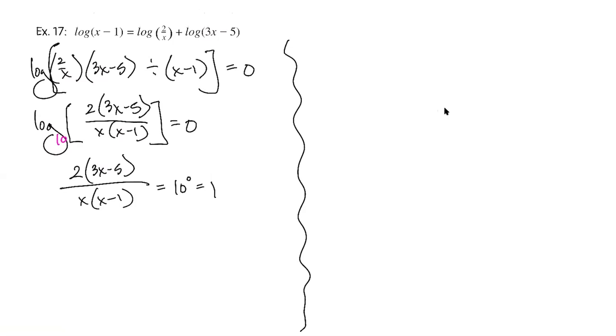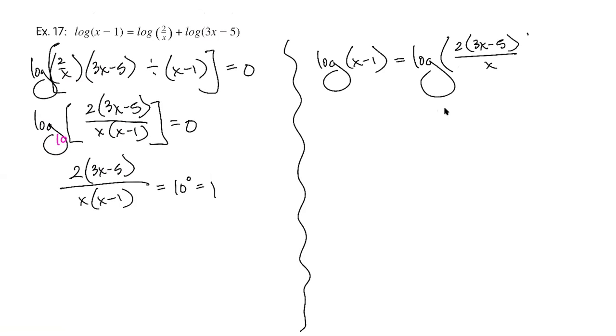But if we go with the second method that was presented, let's combine just the things on the right-hand side first. We would get log of x minus 1 equals log of 2 times 3x minus 5 over x, okay? Now a nice thing about this one is this goes way back to the bases being the same.